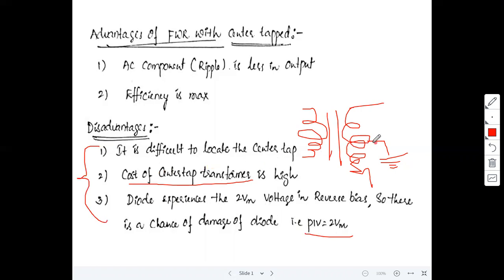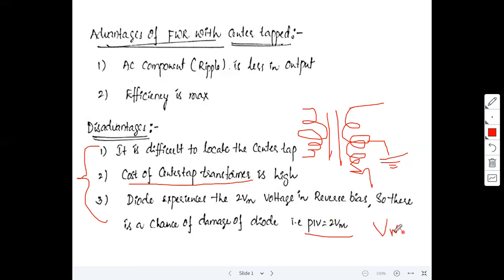One is a transformer problem. It is somewhat difficult to locate the center of the secondary windings. The second one is that the cost of the center tap transformer is high. And the third one is that the PIV or PRV rating of a diode is equal to 2 Vm, 2 times Vm, whereas for a half wave rectifier it is only Vm.